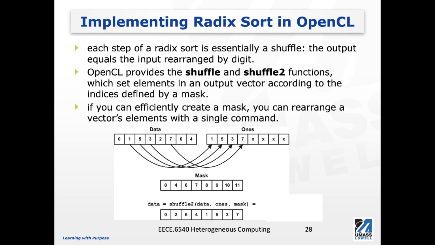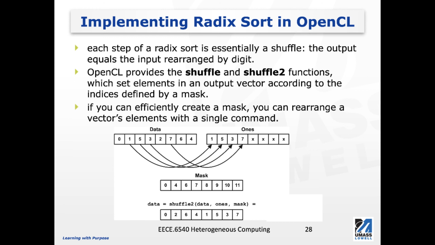What we want to show here is that each step of a radix sort is essentially a shuffle. The output equals the input rearranged by a digit. And interestingly, OpenCL provides 2 functions. One is called shuffle, the other one is called shuffle2, and these 2 functions are actually very similar.